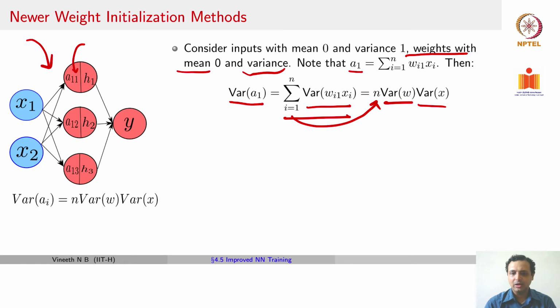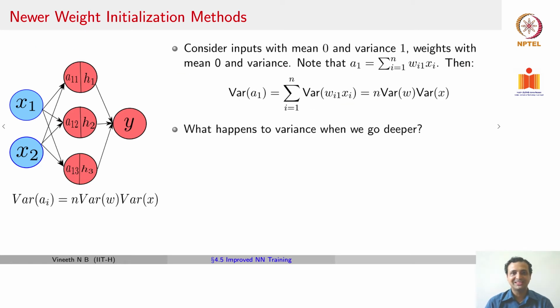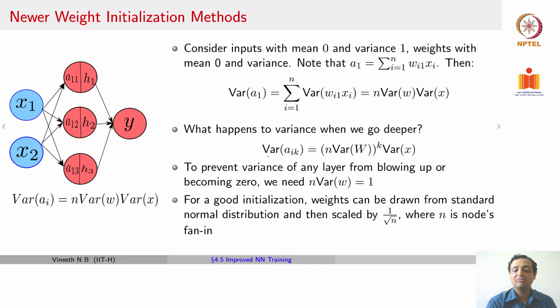Let's now try to understand what happens to the variance when we go deeper in the neural network. The variance would keep getting multiplied, and you would have the variance of a pre-activation at the later layer to be n times variance of w to the power k, times the variance of x. This could result in blowing up or becoming 0 depending on what the variance of w originally was.